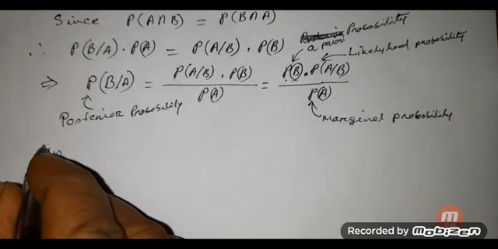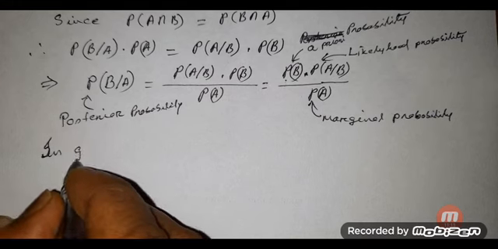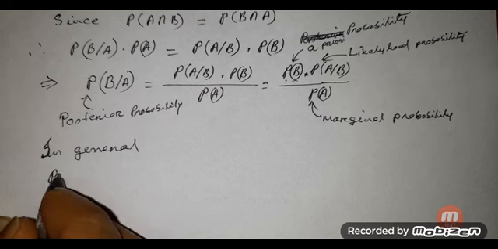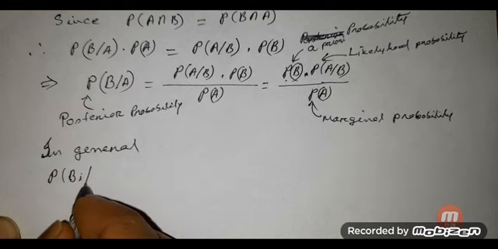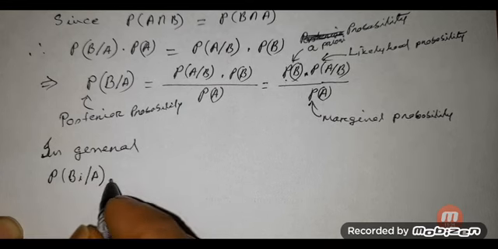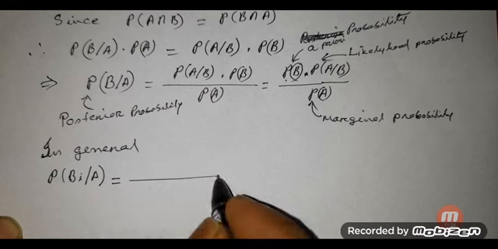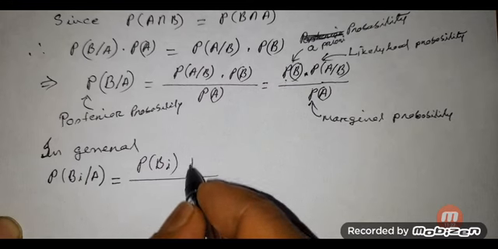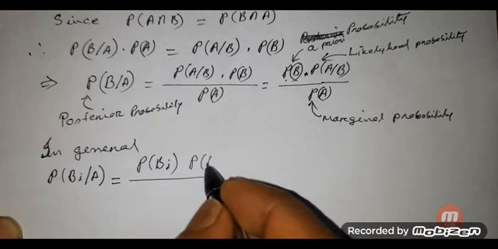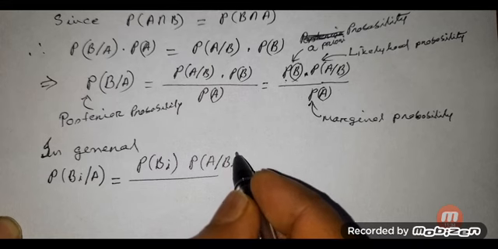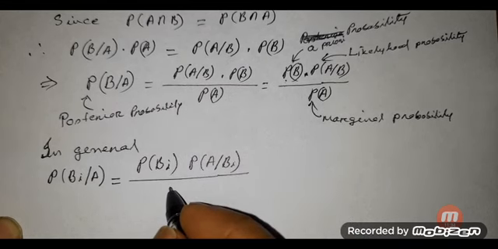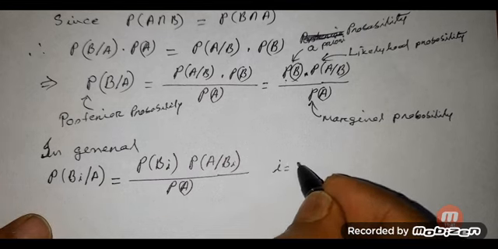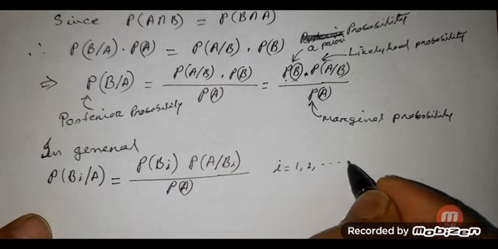In general, P of Bi given that A is equal to P of Bi times P of A given that Bi divided by probability of A, where i goes from 1 to n.